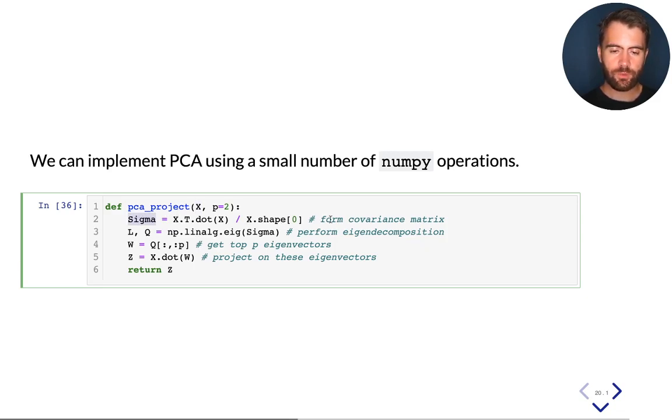We can form the covariance matrix, and now we can perform the eigendecomposition of sigma to obtain the vector of eigenvalues and the eigenvectors q. We choose w to be the top p eigenvectors, and then we project the data along these eigenvectors, and that is it. That is everything that PCA does.